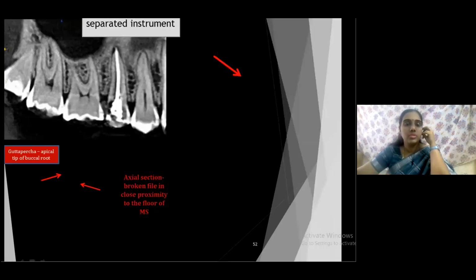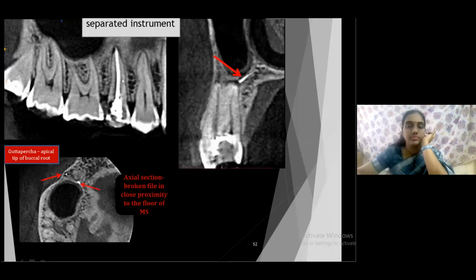So one more case of separated instrument. This is a cropped OPG. And here you can see 1.5, a root canal treated tooth. I thought this gutta percha which is coming out is causing the lesion, but actually it is not. See the cross sections, you could clearly see that there is a file which is present exactly in the floor of the maxillary sinus, and we were not able to see it just because it was present palatally.